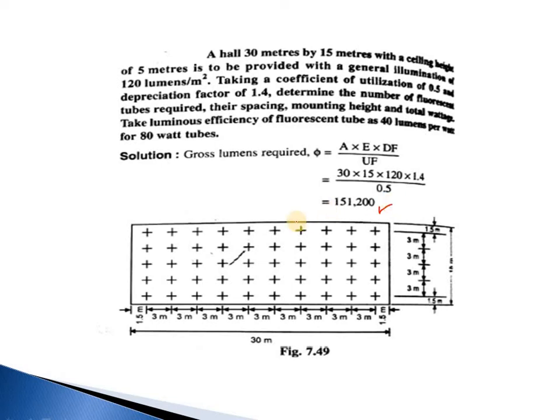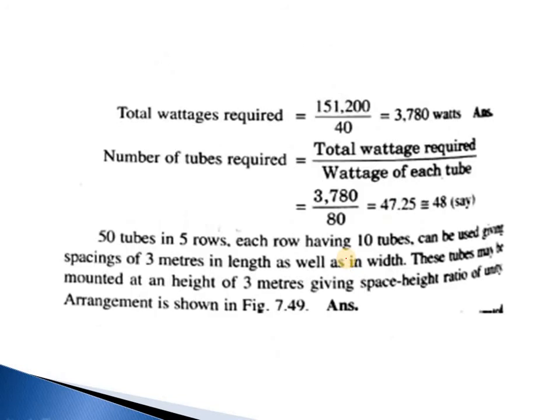So we have divided this 30 meters into 10 equal parts of 3 meters, and this 15 meters is again divided into equal 3 meters. In that way we have divided this room.